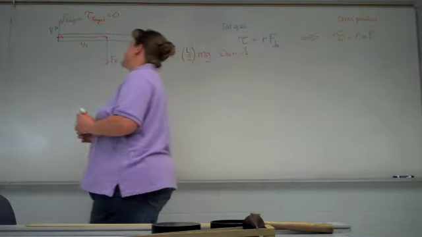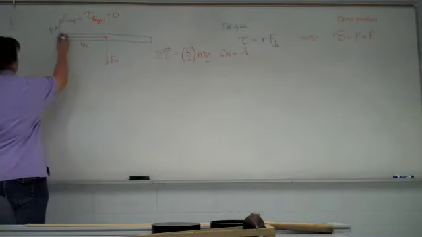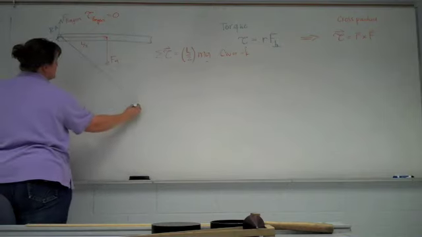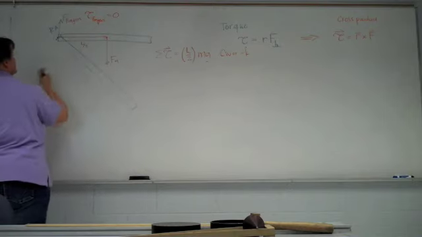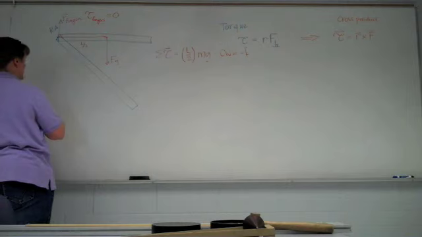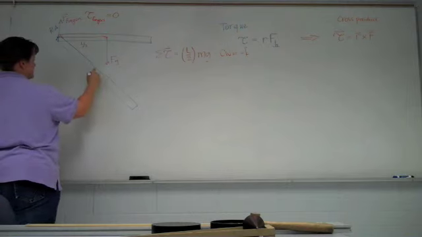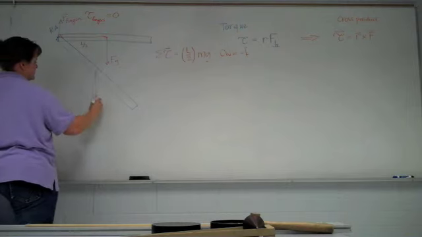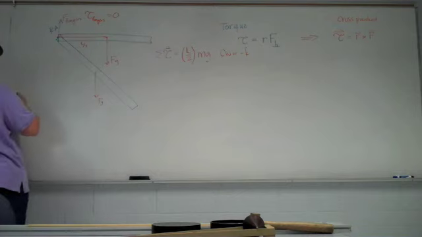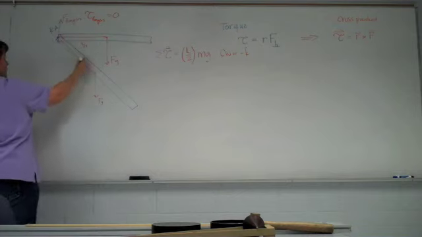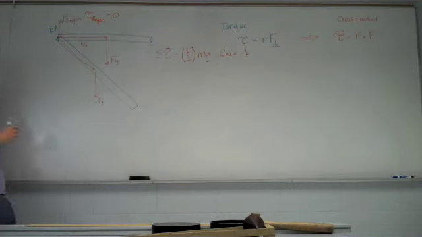What's going to happen to that torque as the meter stick continues to fall? It's going to decrease. Why? R is still L halves. The force is still mg. Right.